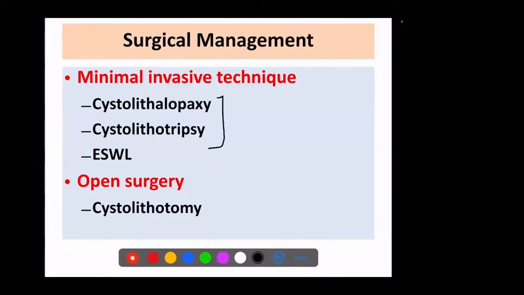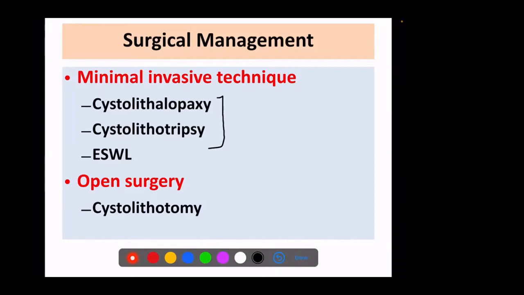Cystolitholapaxy. Cysto means bladder, litho means stone, lapaxy means crushing by mechanical force. Cystolithotripsy means cysto means bladder, litho means stone, tripsy means to break down into pieces by using other forces like laser or pneumatic rod. Okay.